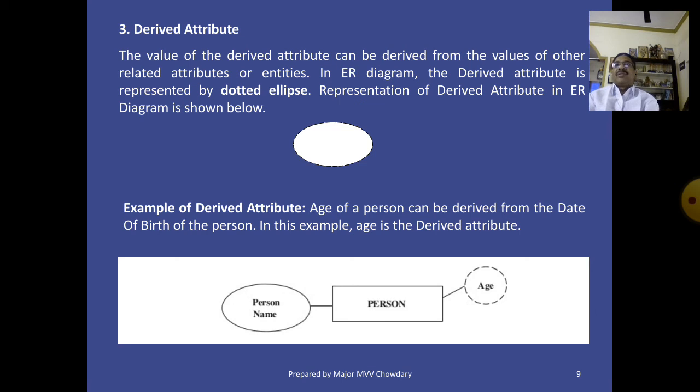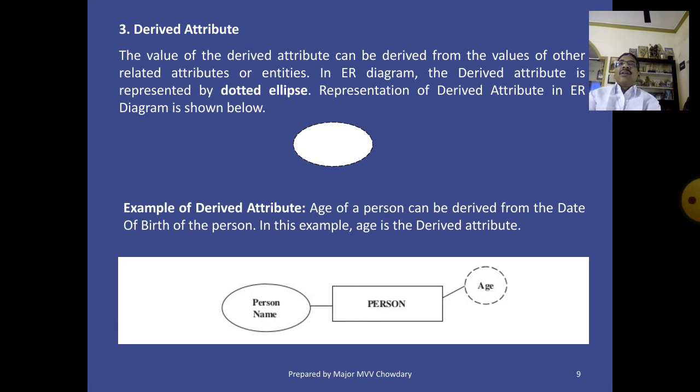Derived attributes do not exist in the physical database, but their values are derived from other attributes present in the database.